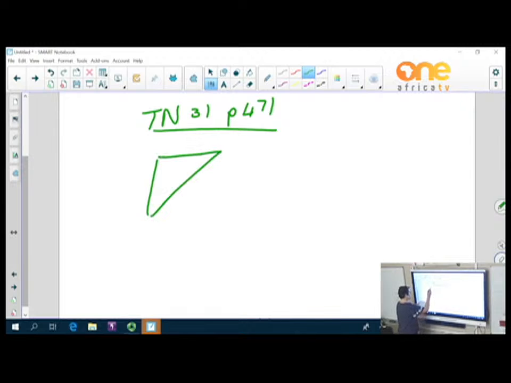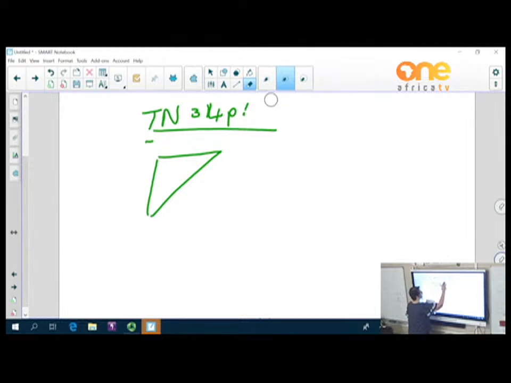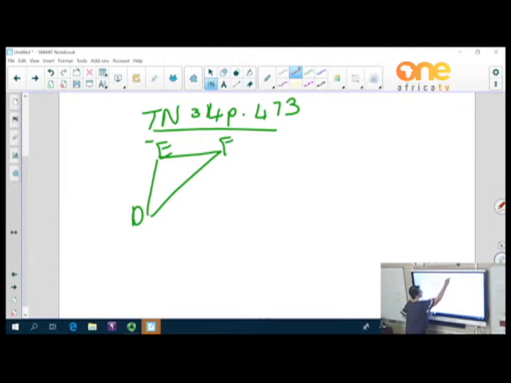So this is Try Now 34 that we're looking at, on page 473. We've already done that other one. So this is DEF. Again, if we look at the sides, this will be E, this will be D, and this will be F, so that you can know which one is which.